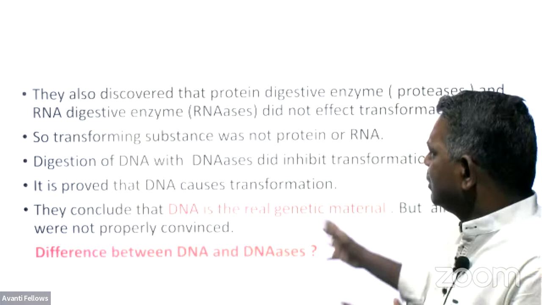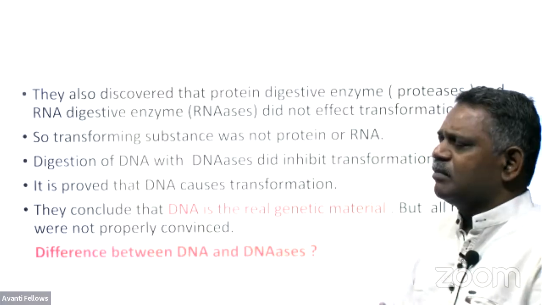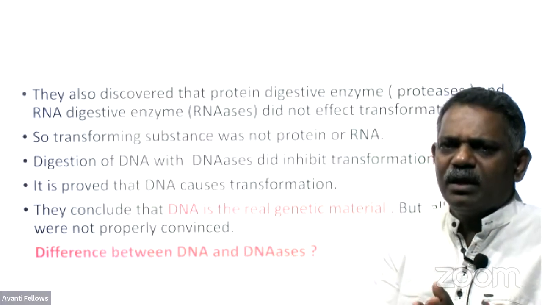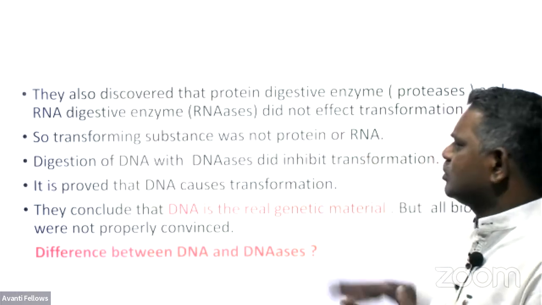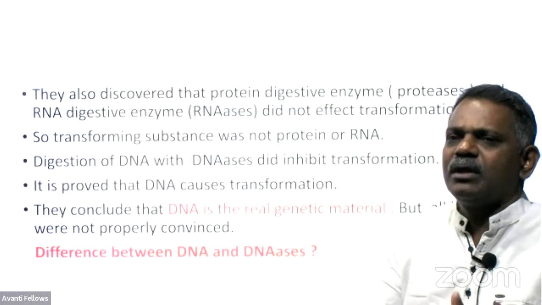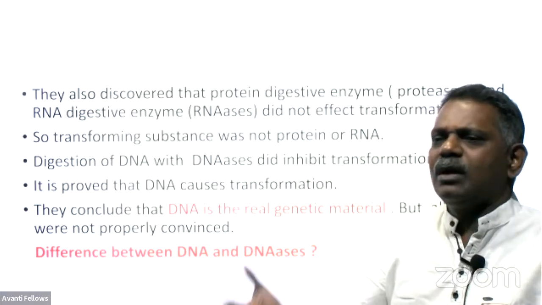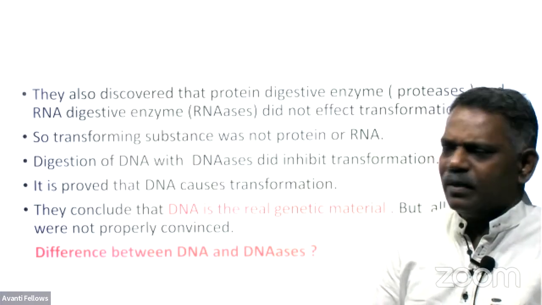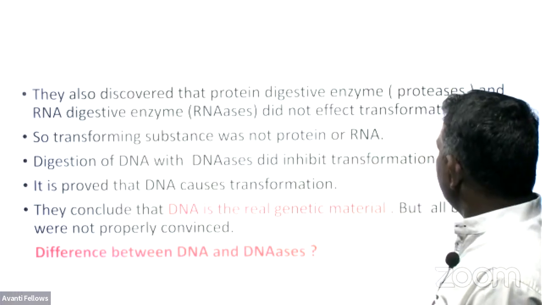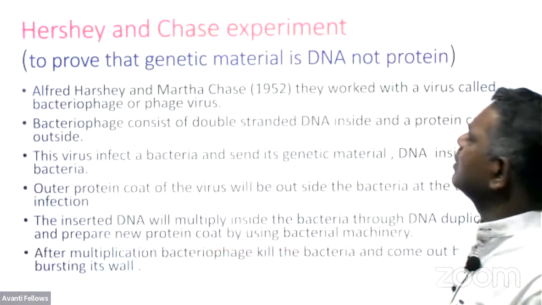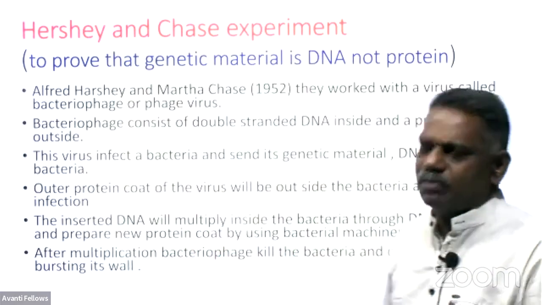But whenever they destroy the DNA present in this material, it inhibits the transformation. That means only DNA is responsible for converting the R strain into the virulent S strain. So this is the biochemical explanation for the transforming principle.